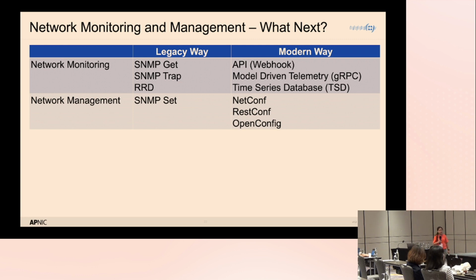Whereas we have available modern tools, which include time series databases, model-driven programmability or telemetry, such as gRPC, APIs, webhooks, kind of like everything can be accessed via API these days.